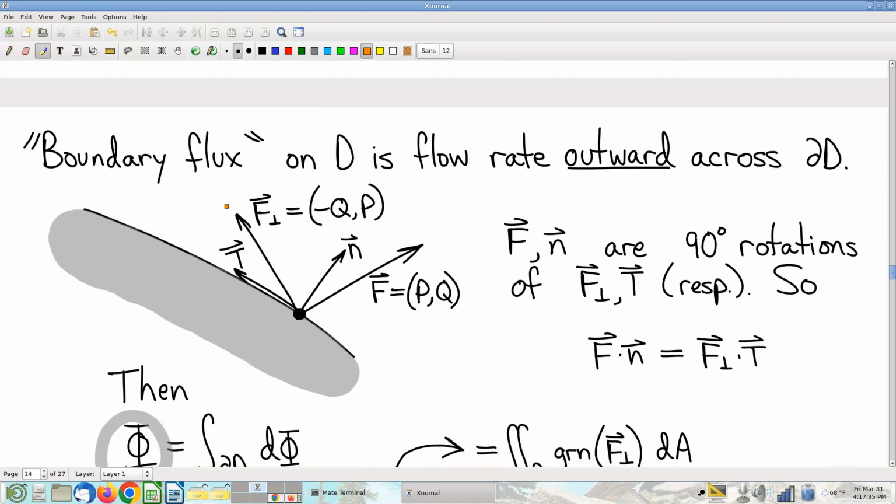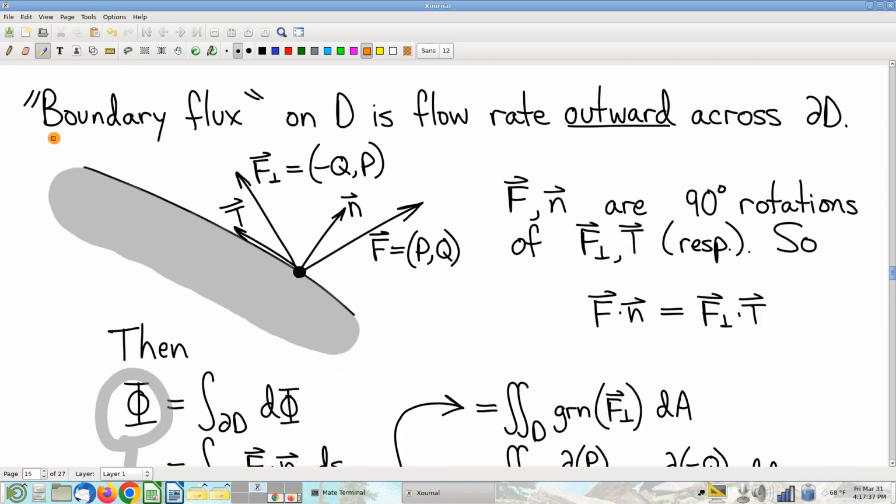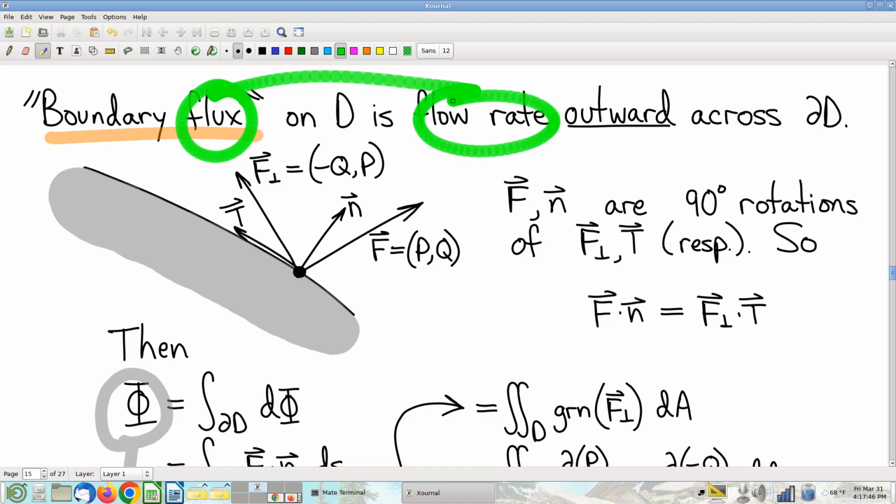Okay. So, let's consider now a related idea, boundary flux. It means exactly what you think. It means flux. Flux is flow rate. By boundary, we mean, and again, this word boundary is a loaded term, boundary means oriented, furthermore oriented according to conventions.